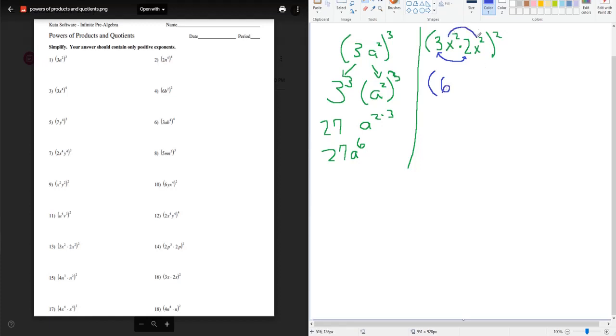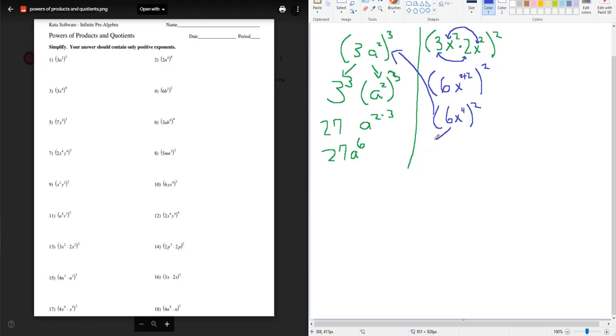And then now I'm going to do my variables. So x squared times x squared is going to be x to the 2 plus 2. Remember, if you're multiplying, same base, you just add the exponents. And that's all still squared. So this comes out to (6x to the 4th) squared. Looks a lot like our previous problem.